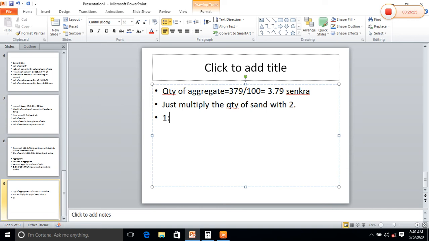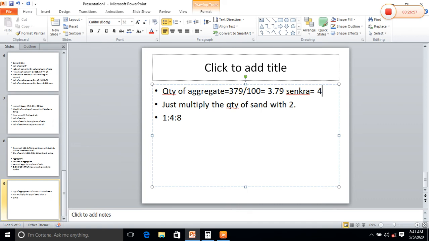So this ratio means here sand is 4 and aggregate is 8, meaning aggregate is double of sand. So just multiply the quantity of sand with 2, and we will get the quantity of aggregate. We will take 4 sekla.